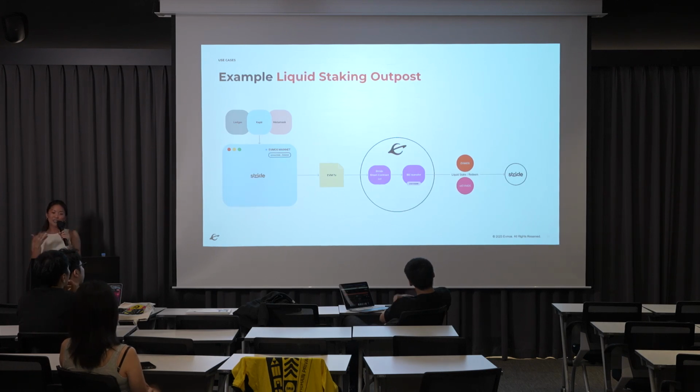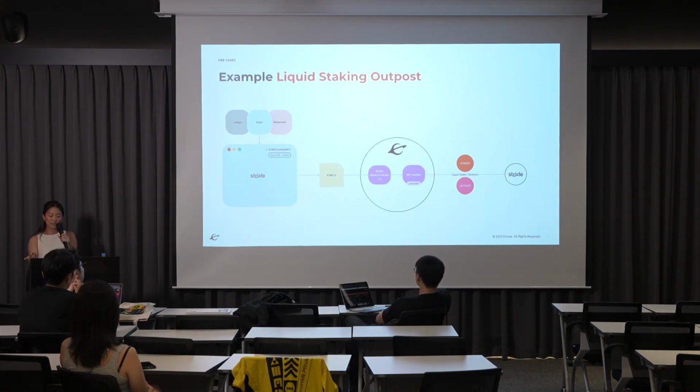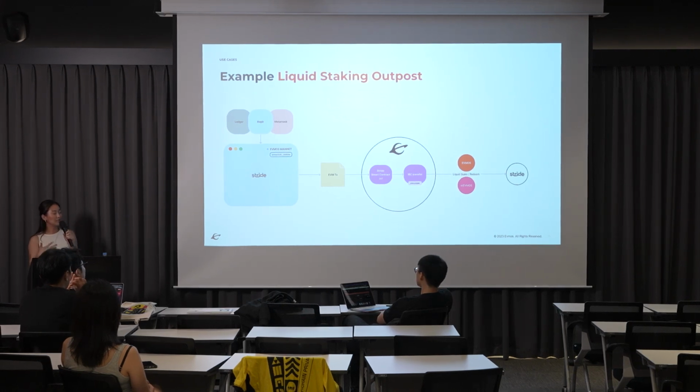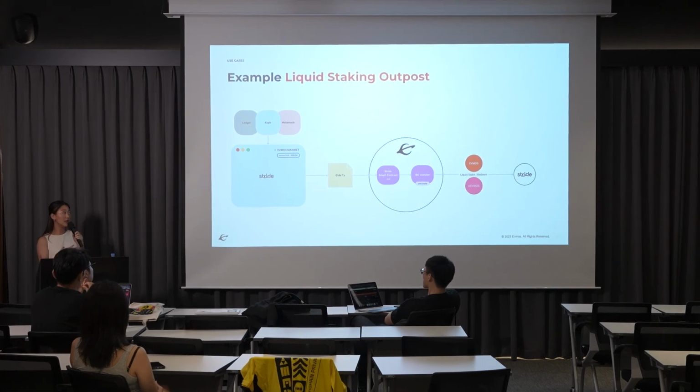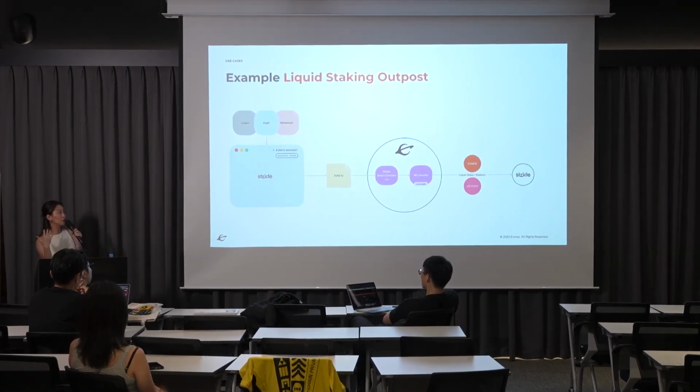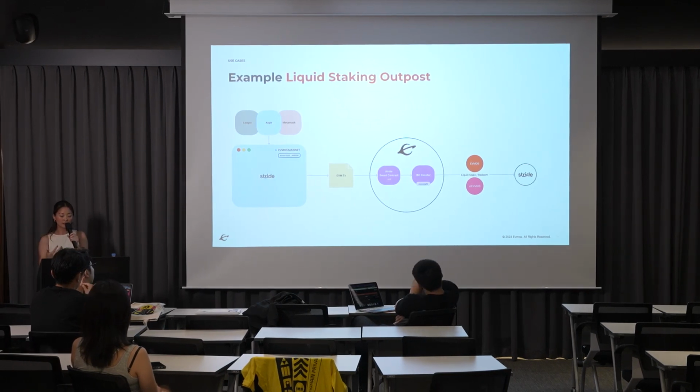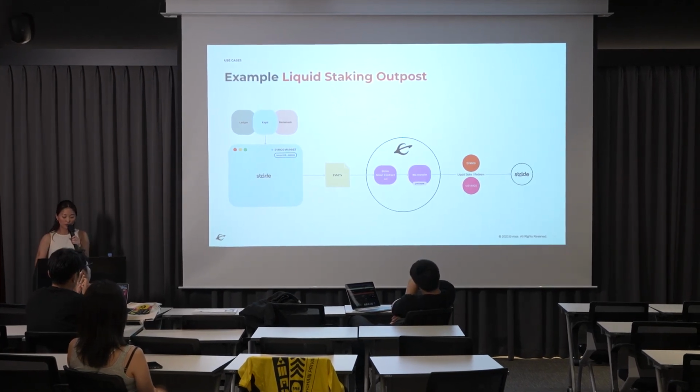And we're definitely at an IBC summit, so I have to talk about IBC-enabled use cases. This is a really exciting one: the liquid staking outposts. Stride, if you don't know, is a liquid staking zone. It allows users to send Evmos to Stride. The user submits a liquid staking transaction, receives the liquid stake tokens back, and then does whatever they want with them, right?